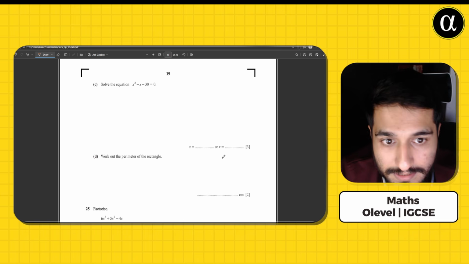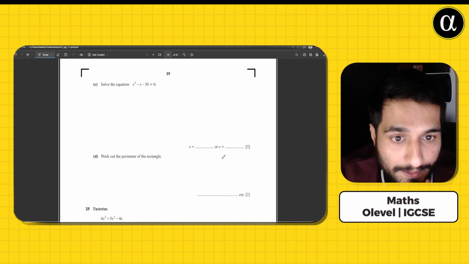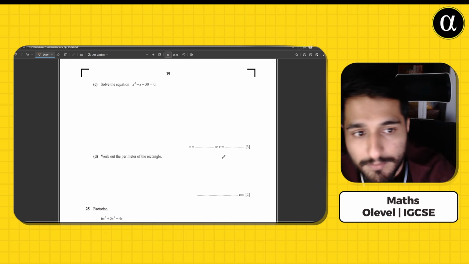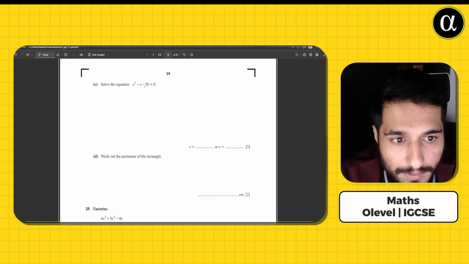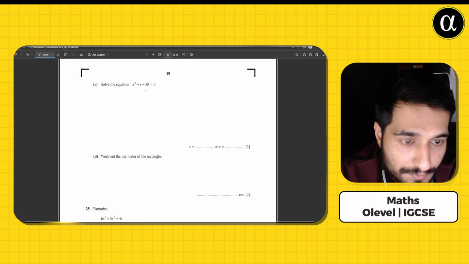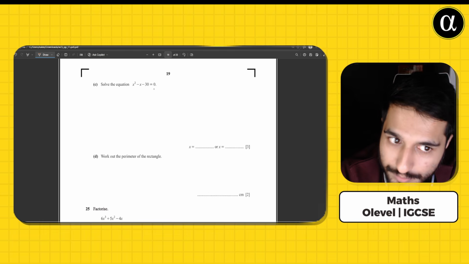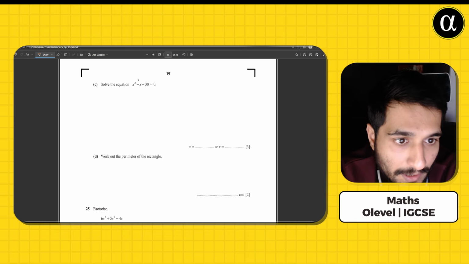Now the last part, the C part, says to solve the equation x square minus x minus 30. Now this is a quadratic equation. It's up to you whichever method you prefer, but I think we can solve this using middle term breaking, which we call factorization as well, right? So how can we get 30?